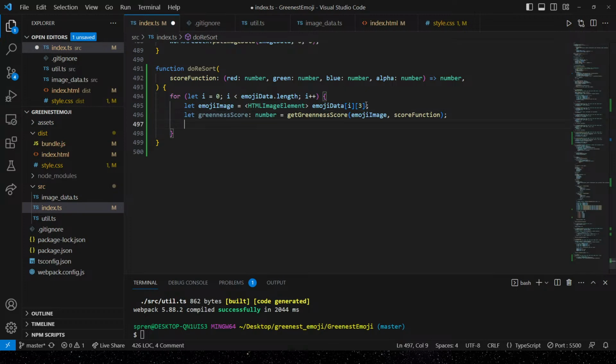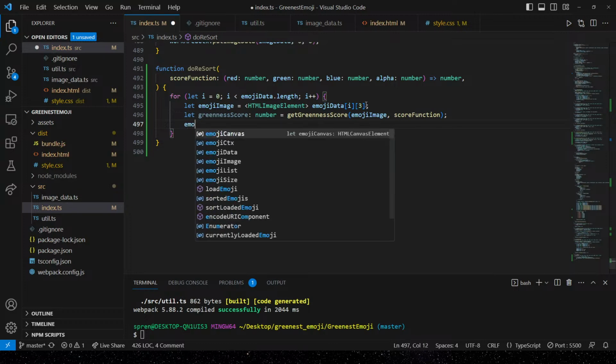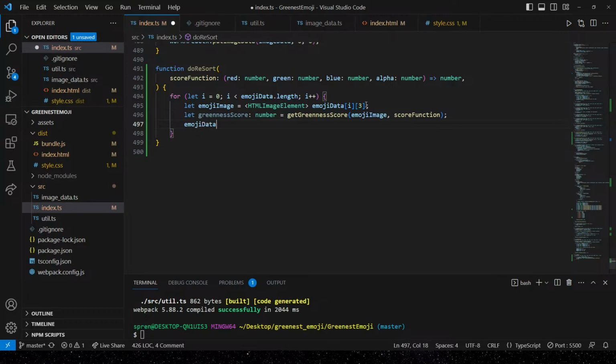And then we got to overwrite the saved greenness score, which I think is going to be 4.